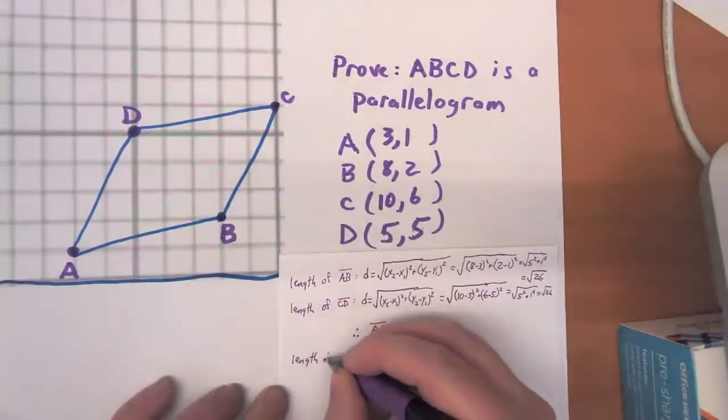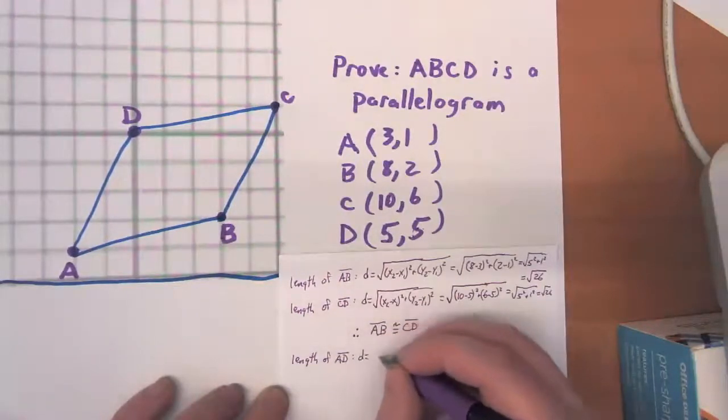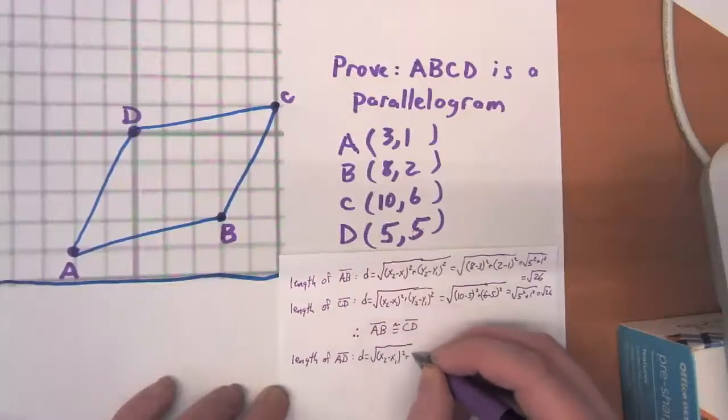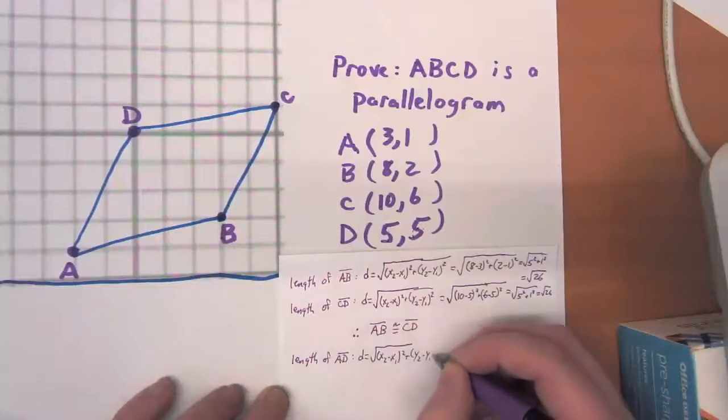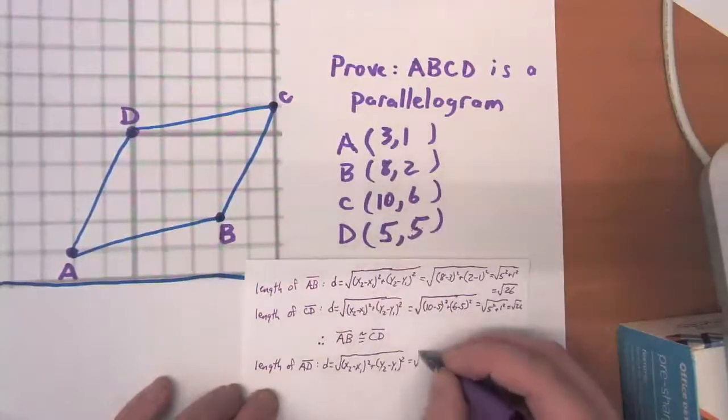All right, so we have the length of AD. The distance is the square root of x2 minus x1 squared plus y2 minus y1 squared. AD, that's 5 minus 3.